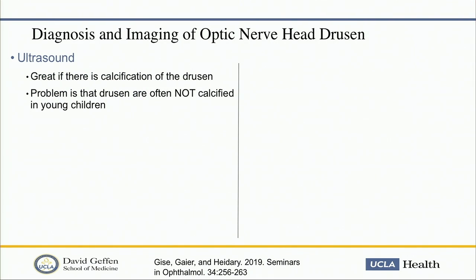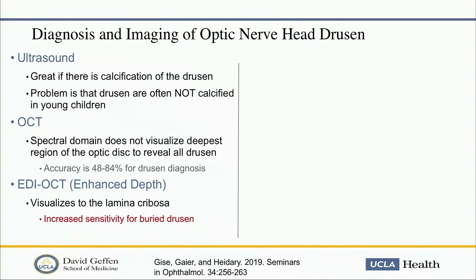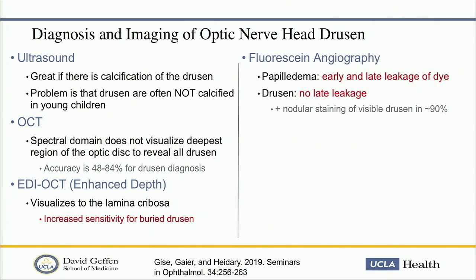So we saw ultrasound. Well, it's great if there's calcification, but often there's not in children, so it doesn't necessarily help you if it's negative. OCT. Well, the original OCT is not very sensitive. The enhanced depth imaging is much more sensitive. So we do see buried drusen with EDI OCT. Fluorescein angiography, not always great in small children, but this was a 12-year-old.